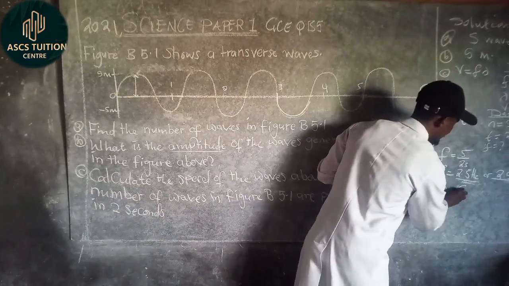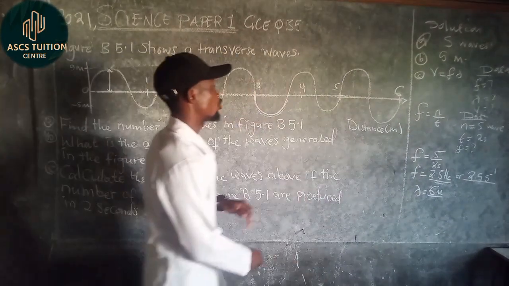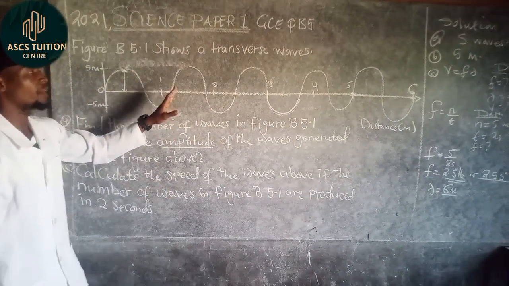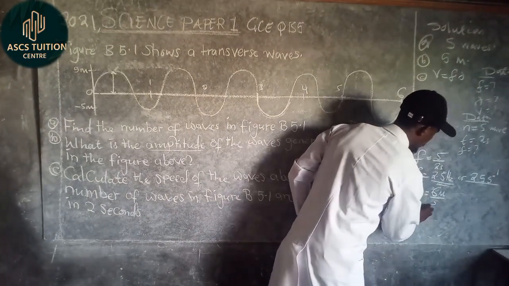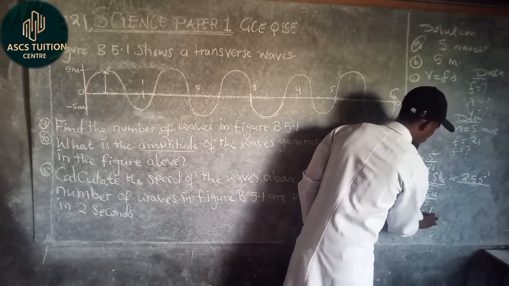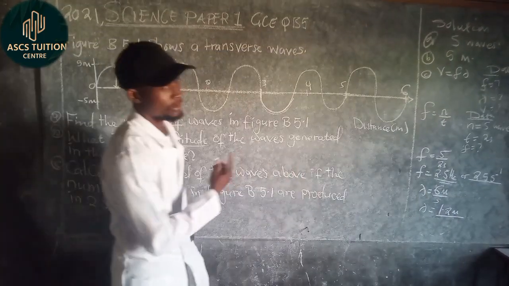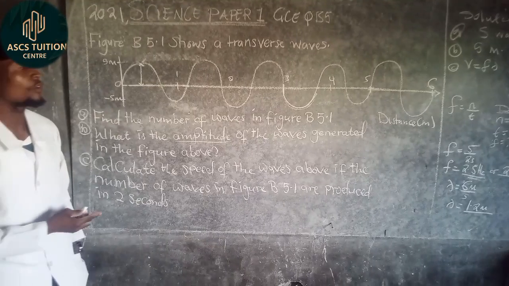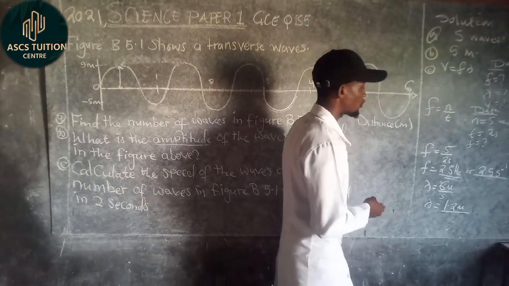So, we're going to say 6 meters over the total number of waves. The number of waves that we have here is 5. So, if you divide this by that, what is our answer? 1.2 meters. Then now we have our variable for frequency. We have also our variable for wavelength. Then now we can proceed.